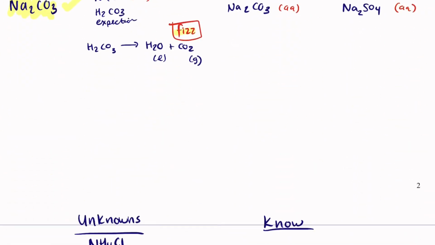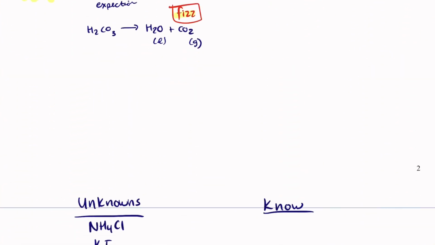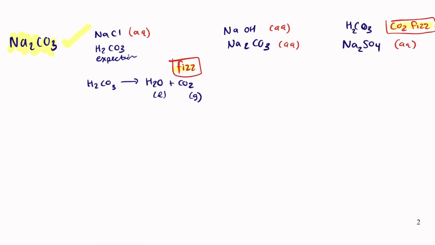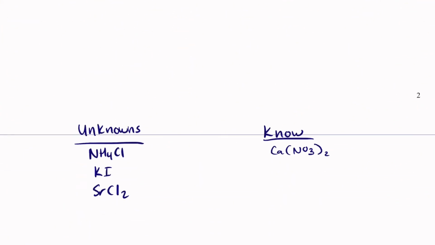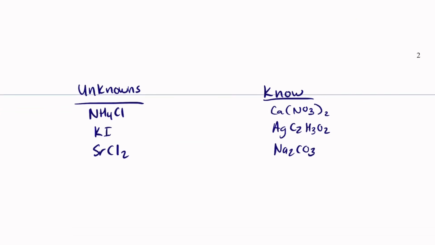What now is our known is we have calcium nitrate, we have silver acetate, and we have sodium carbonate. So those are now our known.